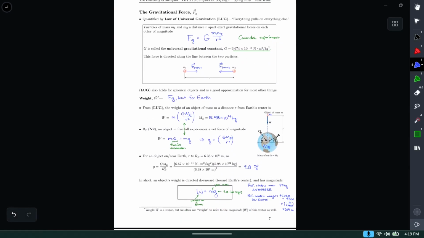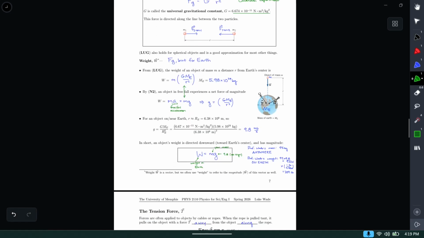Okay, then we move on to different types of forces. So we talked about 4 different types: the gravitational force, tension, normal force, and friction. Gravitational, primarily for the exam, I'm just worried about this version of it, the one we've been using all the time, which is that on Earth, you can write weight as your mass times 9.8.